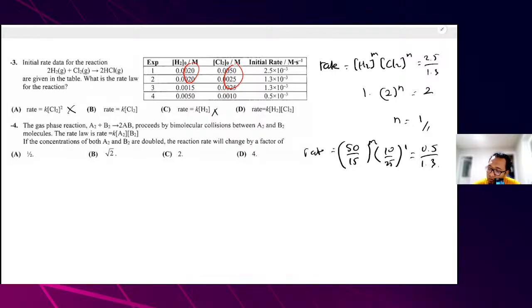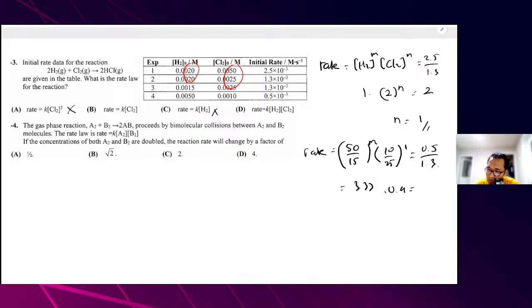This is rate to get the M, right? So let's calculate that one. 50 divided by 15, so this one is 3.33. This one is 10 divided by 25, so this one is 0.4. And then this one 0.5 divided by 1.3.